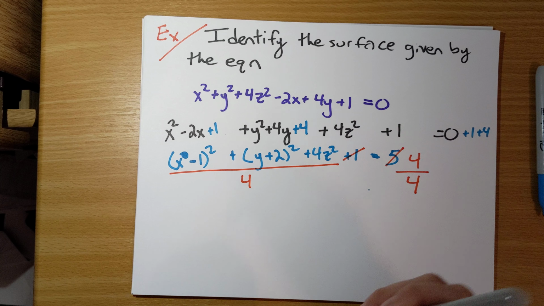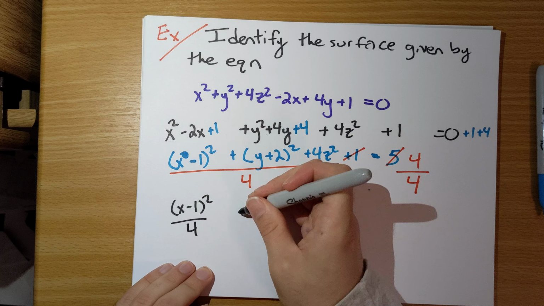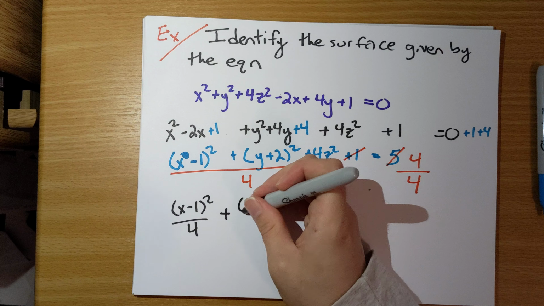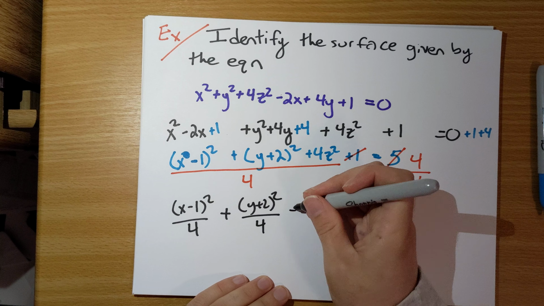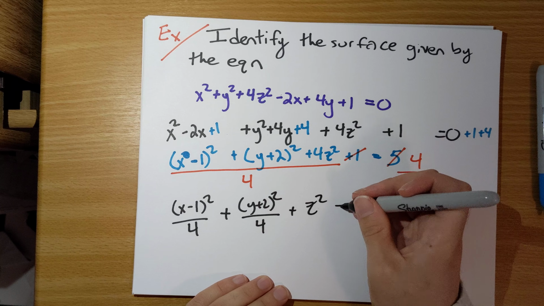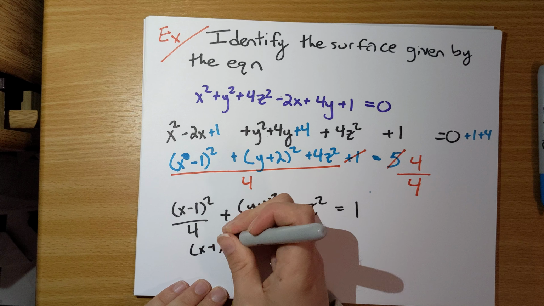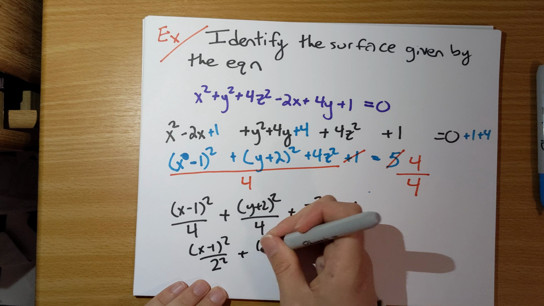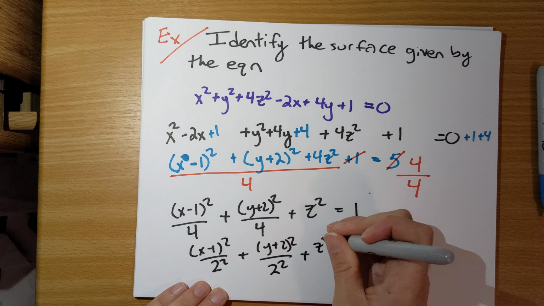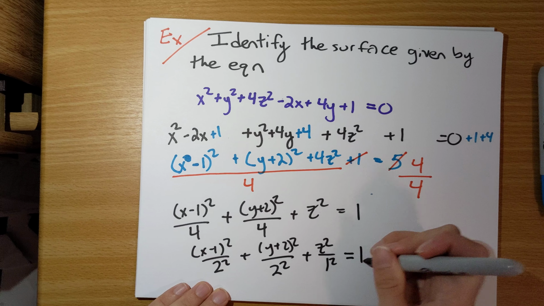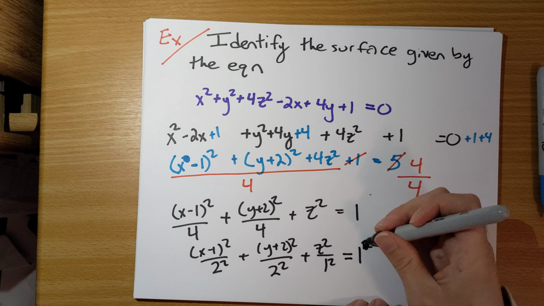And what does this leave us with? x minus 1 quantity squared over 4, plus y plus 2 quantity squared over 4, plus z squared is equal to 1, or x minus 1 squared over 2 squared plus y plus 2 squared over 2 squared plus z squared over 1 squared is equal to 1. We'll just leave it as 1.